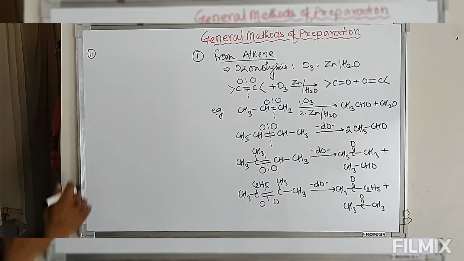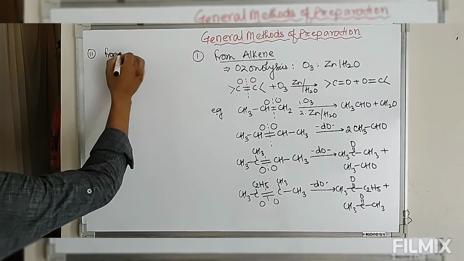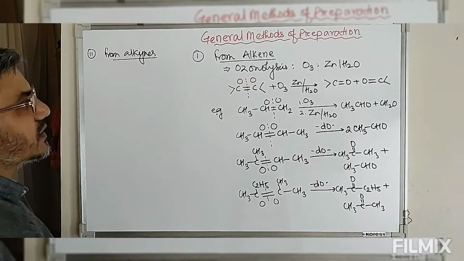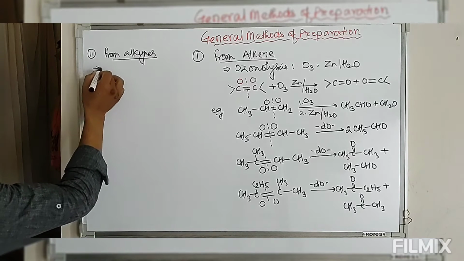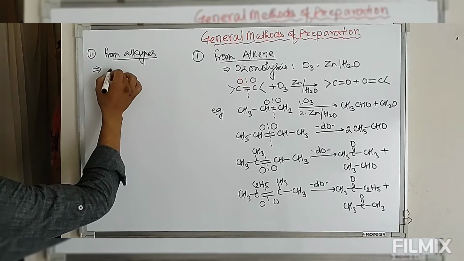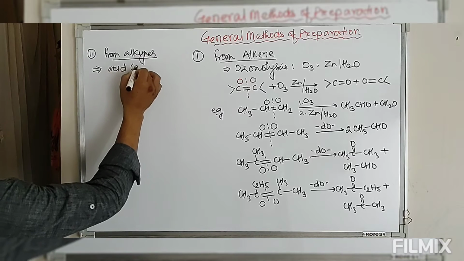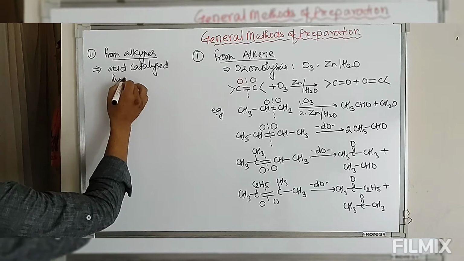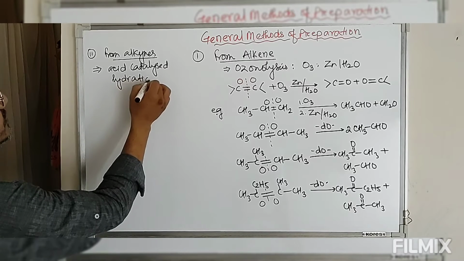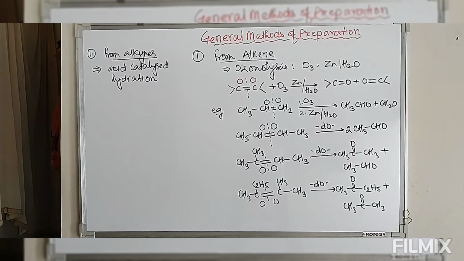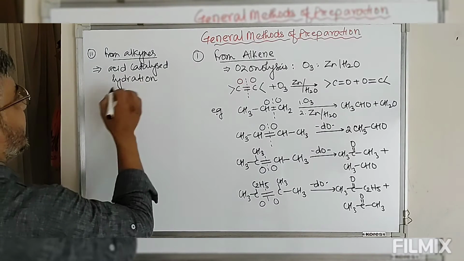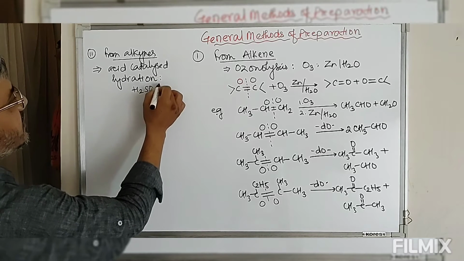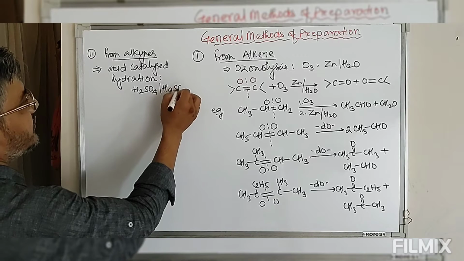Next we can have a look at the preparation from alkynes. From alkynes, the reaction is known as hydration, acid-catalyzed hydration. Acid-catalyzed hydration of alkynes always gives you aldehydes and ketones, and the reagent used for this is sulfuric acid in the presence of mercuric sulfate.